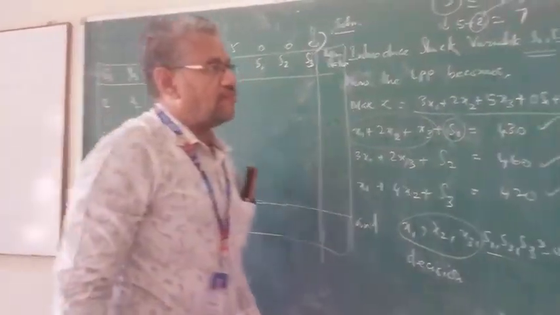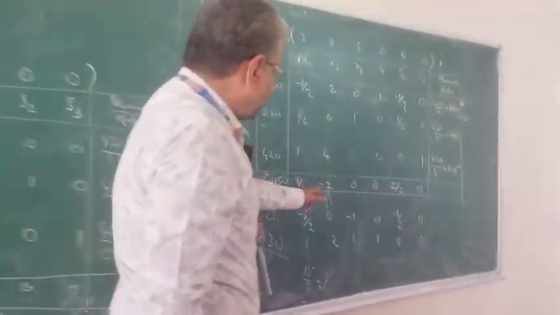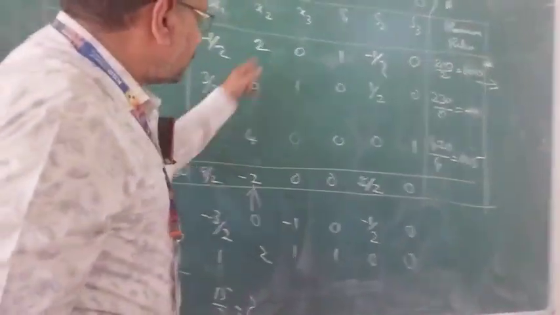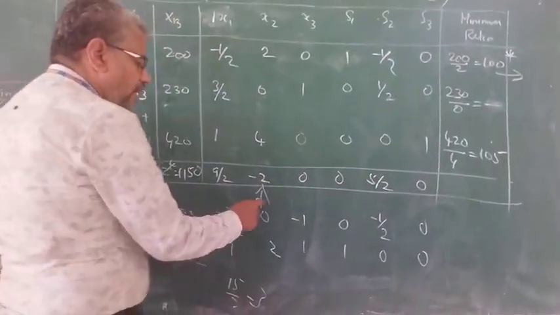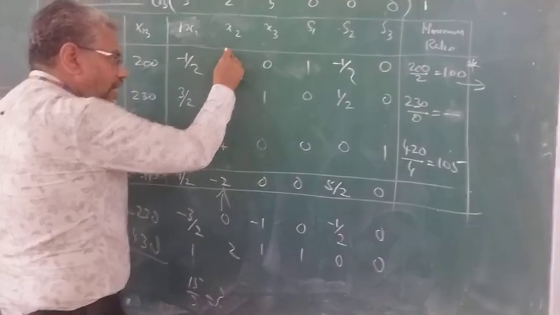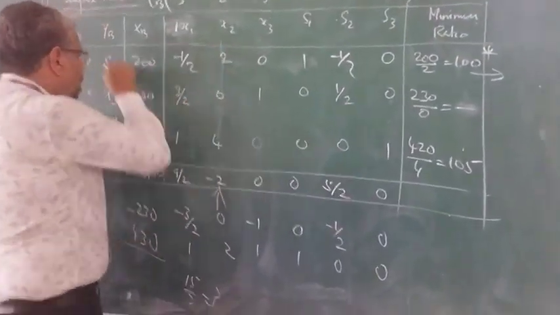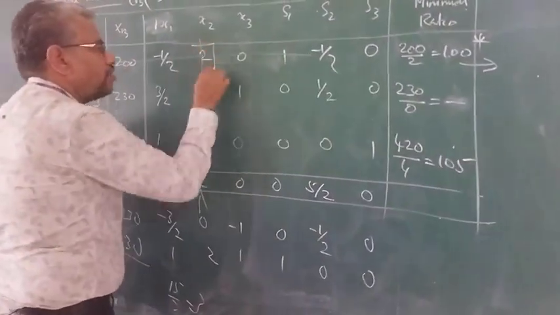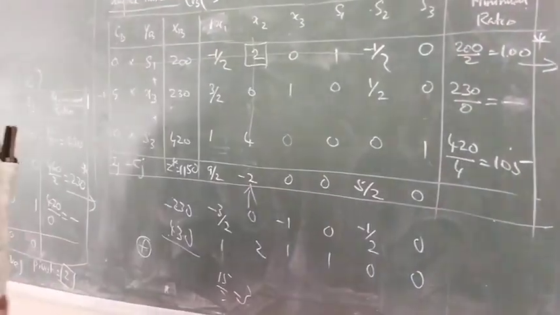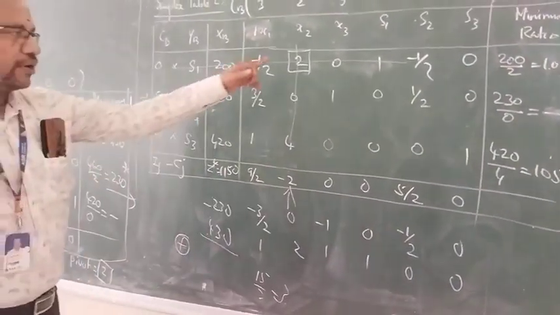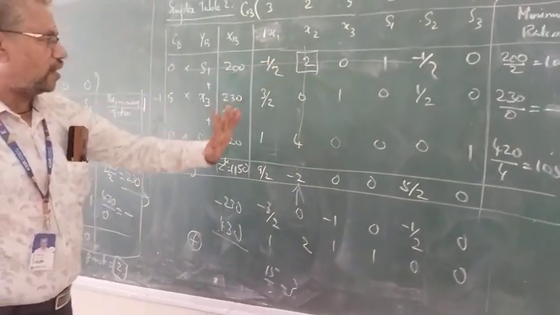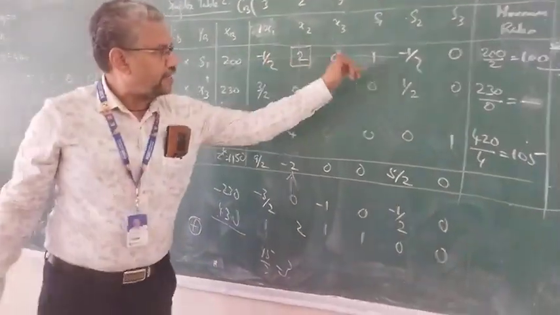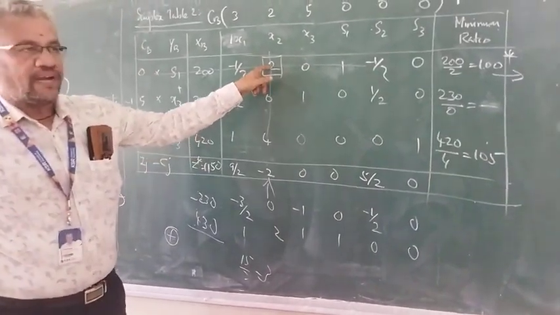Now I am going to convert this pivot element. What is the pivot element over here? Incoming vector, this is, and outgoing vector, this is. The joining point is 2 again. So 2 is the pivot element. I am going to convert that 2 into 1, which means you have to divide the entire row by its pivot element.